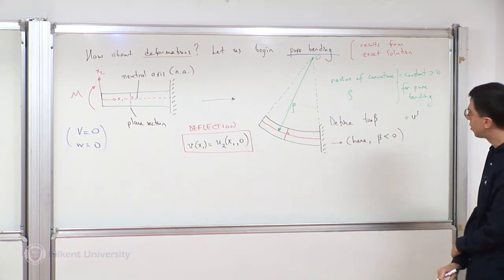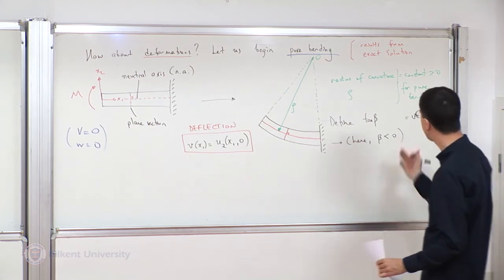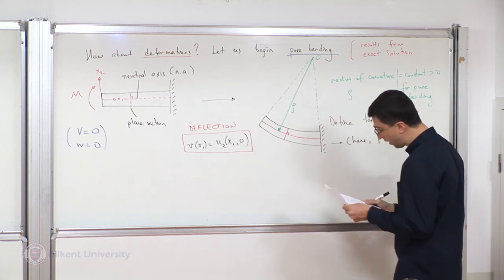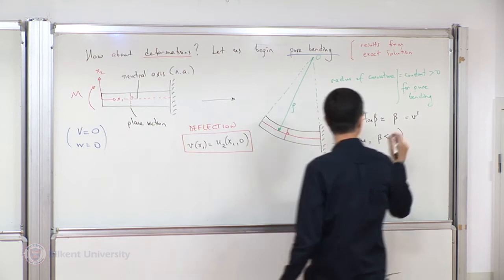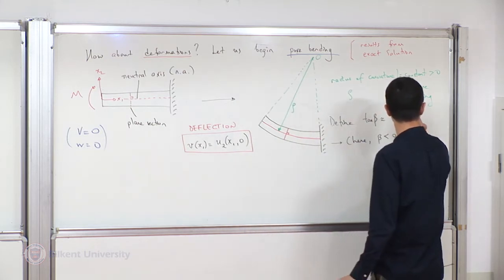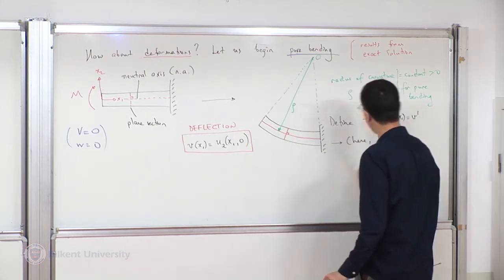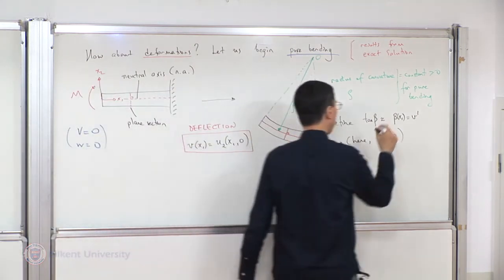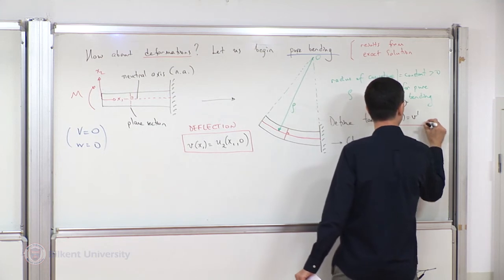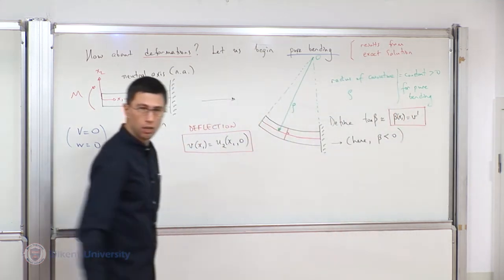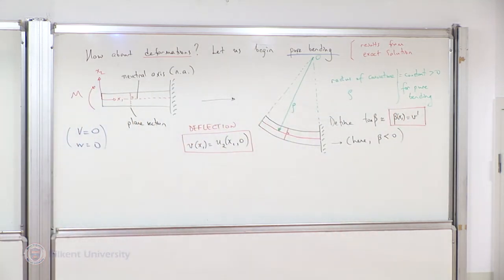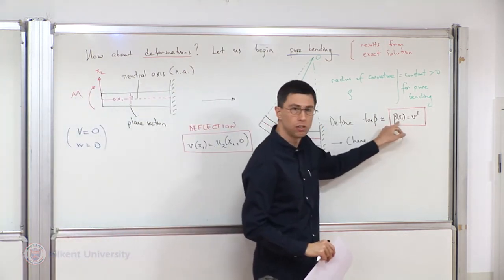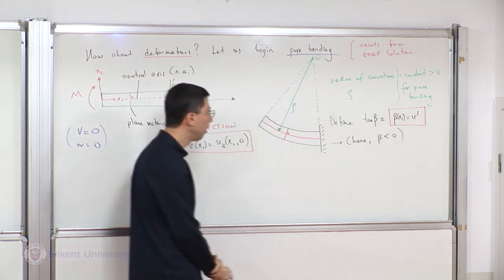But also, we recall that deformations are small, and therefore, tangent beta is approximately equal to beta. And therefore, we have a quantity that is a function of x1. Let me also box that. Okay? These are some fundamental definitions that we are going to refer to. So the deflection along the neutral axis is a function of x1, and therefore the angle beta is also a function of x1.